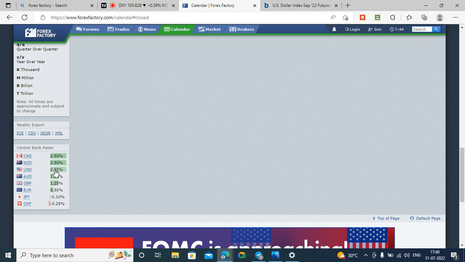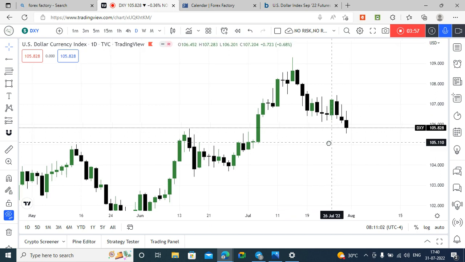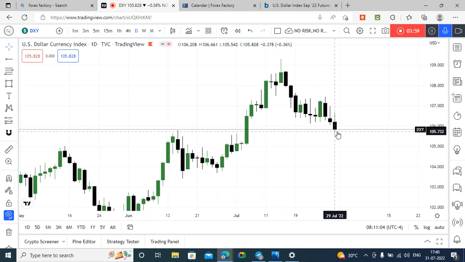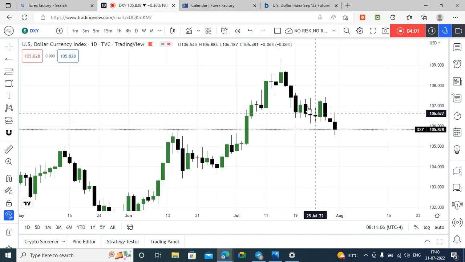The USD interest rate is now 2.50, a positive level, higher than the euro. The euro is now positive 0.50. This indicates USD is still strong and euro is weak, so the dollar index is still long term bullish.